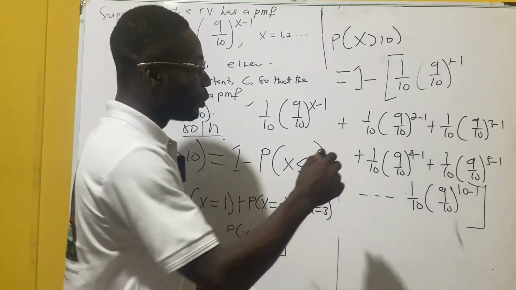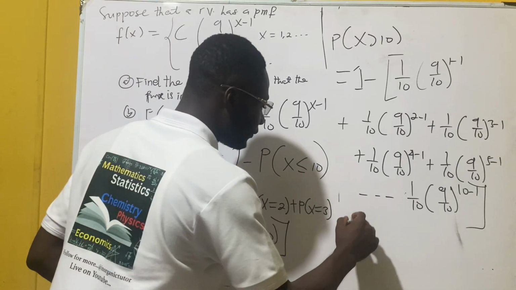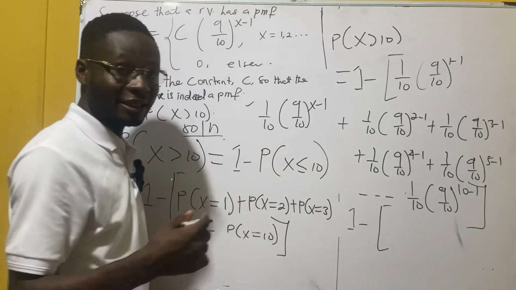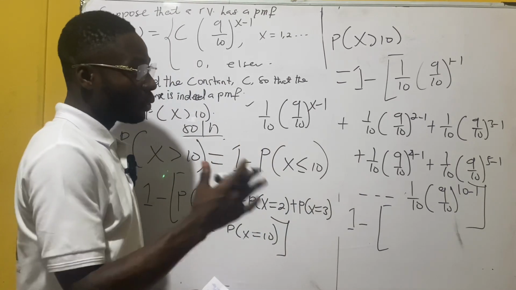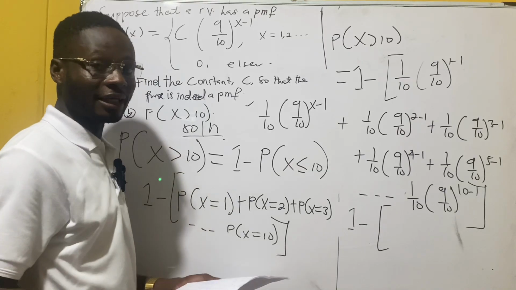So we take that result from 1. We are going to have 1 minus the probability of x less or equal to 10, and then we will have the probability of x greater than 10.